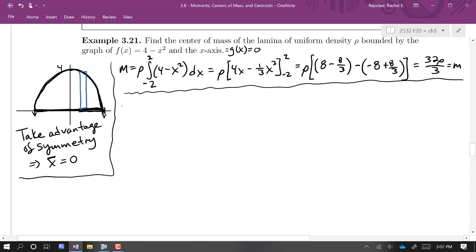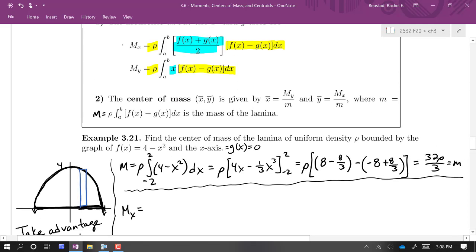The other integral that we need to do is the moment about the x-axis. That moment is given by rho times the integral. Our limits are from -2 to 2. Now because g is 0, f plus g is the same as f minus g, so we're going to have f plus g over 2, so that's 4 minus x squared over 2, times f minus g, times 4 minus x squared, with respect to x.